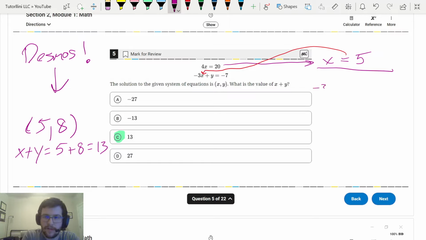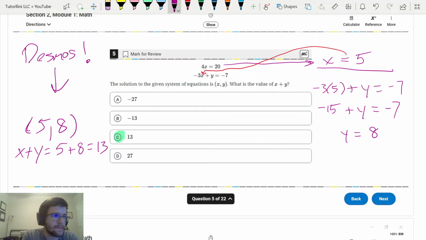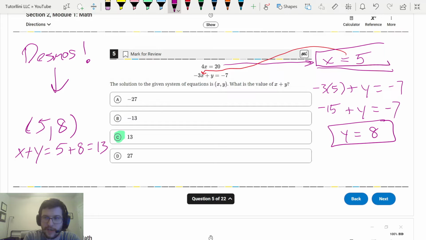So I'll get negative 3 times 5 plus y equals negative 7. So that's negative 15 plus y equals negative 7. And now I add 15 to both sides, and I get y equals 8. And you see we also get 5 comma 8. That just maybe took a little longer. So x plus y is still 5 plus 8, which is still 13.